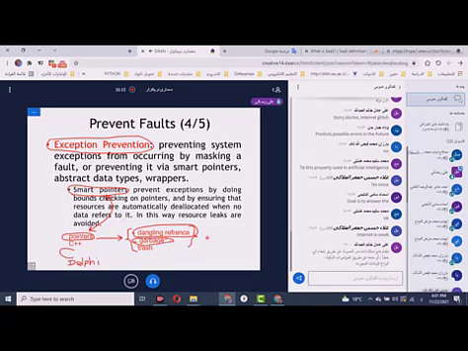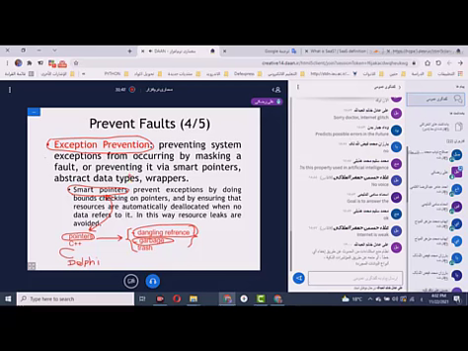Also, dangling references can be prevented. The point here is we can use some methods, some tactics, to prevent exceptions. For example, using smart pointers prevents some exceptions regarding pointers, like garbage and some kinds of dangling reference problems.